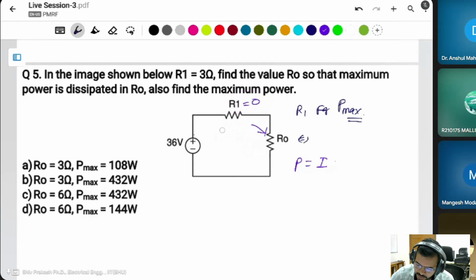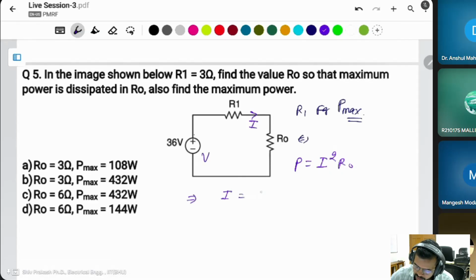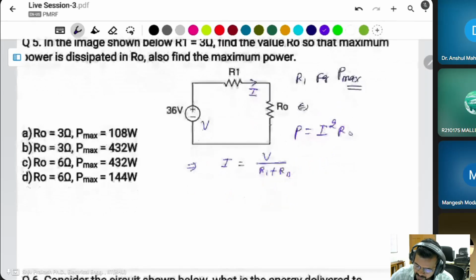For this case, if you want to express the power as I square into R naught, suppose current is I. What is the current? Suppose the voltage is V. The current is V divided by R1 plus R naught.